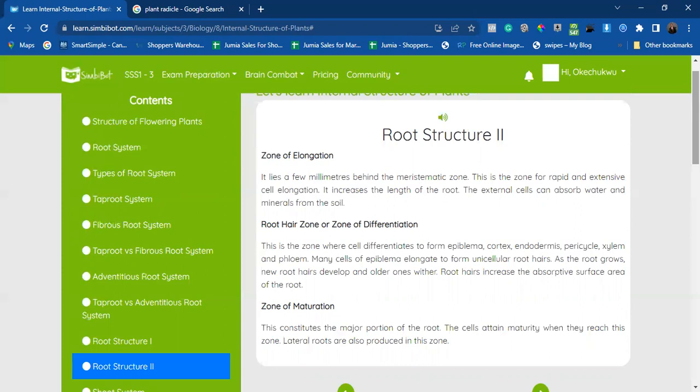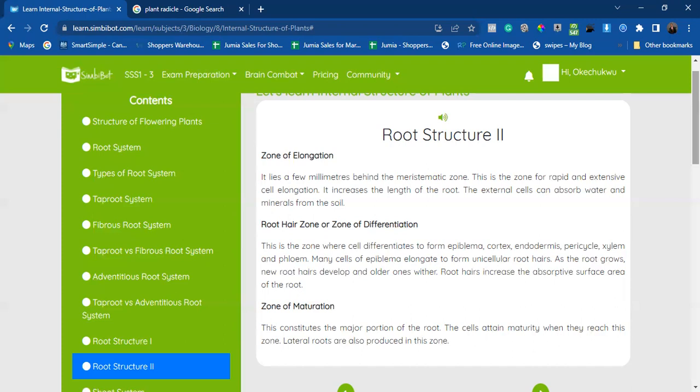They are found behind the growth zone. Remember that the growth zone, or meristematic zone, is found just behind the root cap. After the root cap, you have the meristematic zone. After the meristematic zone, you have the elongation zone.